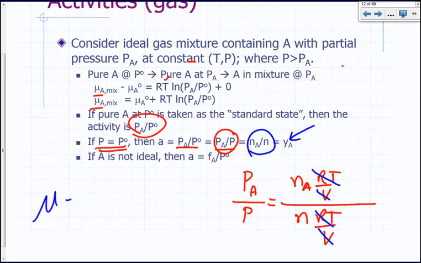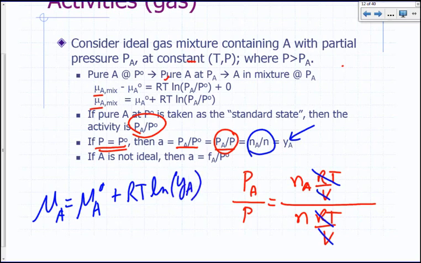In other words, mu sub A is equal to mu sub A naught plus RT ln Y sub A. In general, the activity is PA over P naught, partial pressure divided by P naught. Note that activity is a unitless quantity, a ratio of two pressures. Now, of course, if A is not ideal, then the activity will just be fugacity divided by P naught. We talked about fugacity earlier.